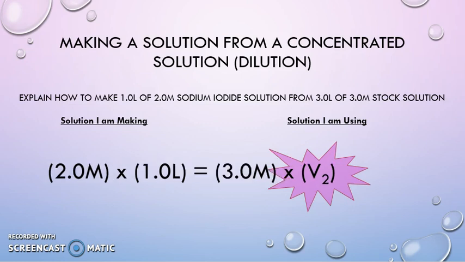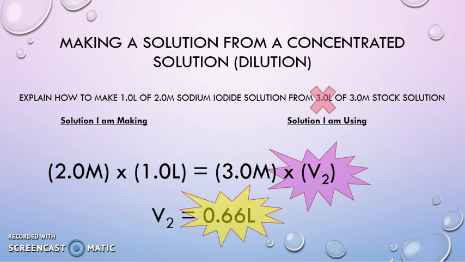But that 3 molar was. We need to know that. I'm still after the volume of the stock concentrated solution. So again, ignore that 3 liters. Don't fill that in or else the math won't make any sense. And solve. We find out that we should be using 0.66 liters of our very strong stock solution.